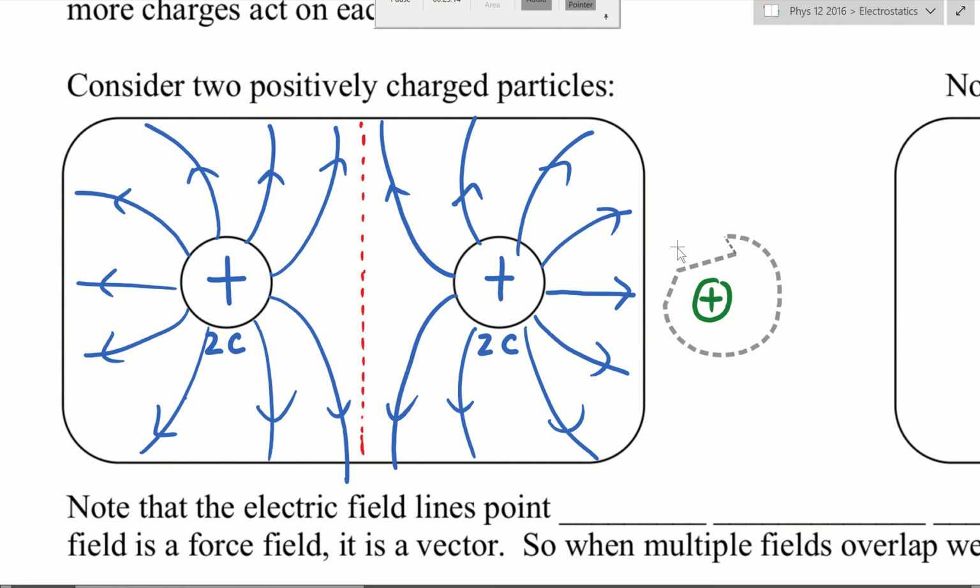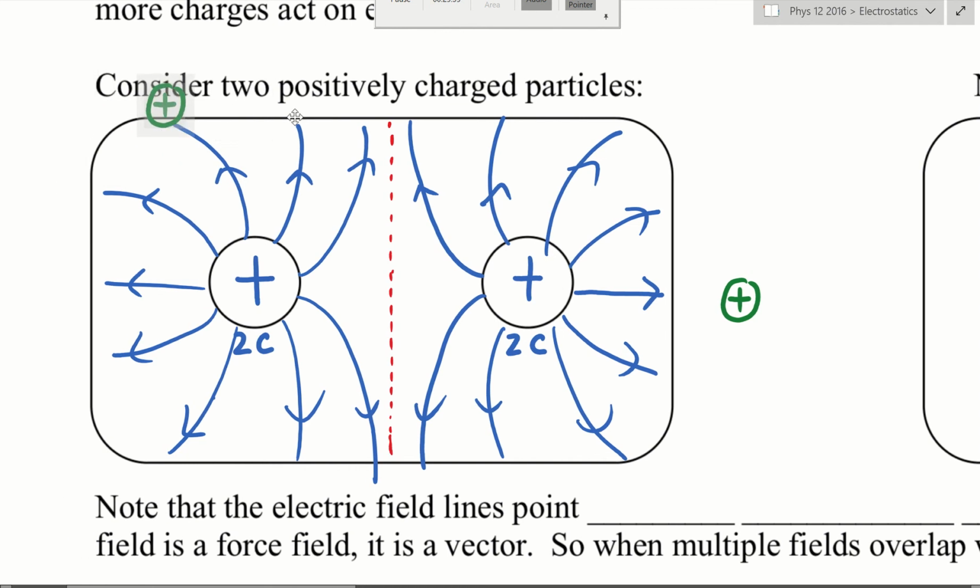So let's say you have this test charge again, little positive test charge, and you bring it to here. What is it going to do? It's going to be repelled by this and go like that. If you put a positive charge in the middle, it's kind of going to get stuck in here though, right? It's being pushed simultaneously by two charges, so it will stay in the middle. If you put a positive charge in here, what will it do? It will get repelled and go like, phew. So these lines are the direction that a little positive test charge will go.